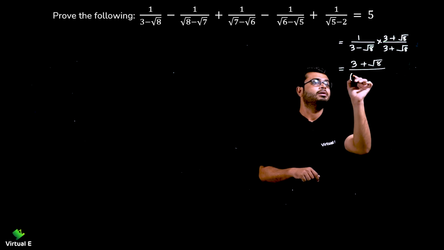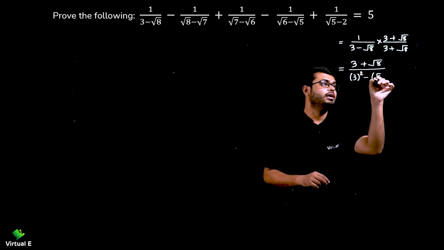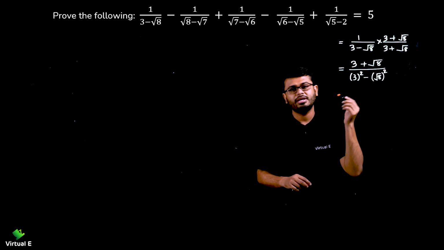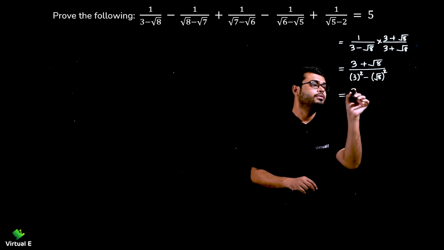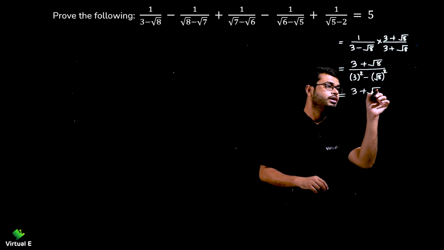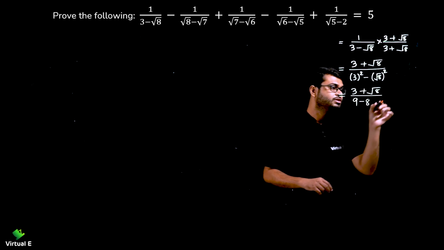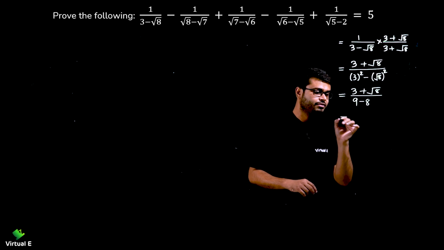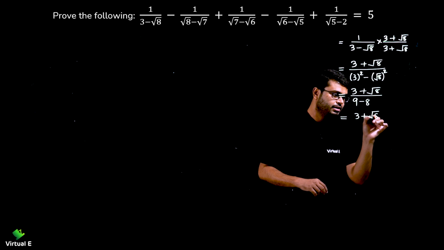And here 3 square minus root 8 square over here. Numerator is going to remain as it is because nothing much to do. So 3 plus root 8 over here, that is 9 minus 8. So we can write finally for this one that 3 plus root 8, right?